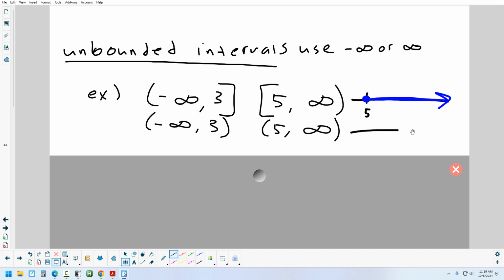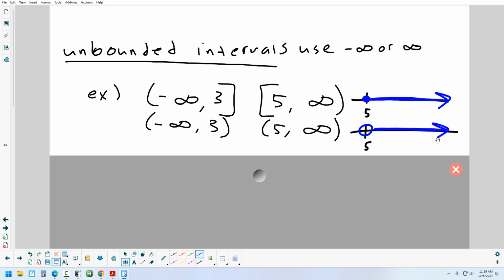Okay, I'll do one more for you. I'm not going to do all of them. This would be an open circle, shade right. So the different kinds of intervals you can have are closed circle, shade right, open circle, shade right. Closed circle, shade left, open circle, shade left.